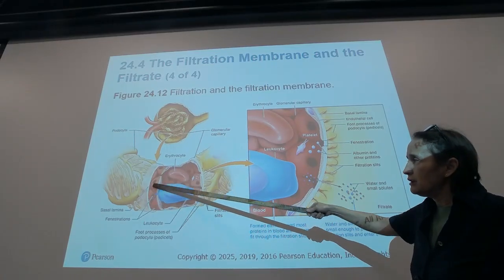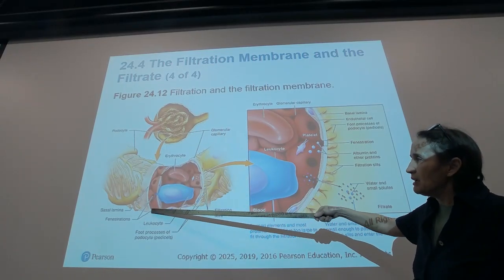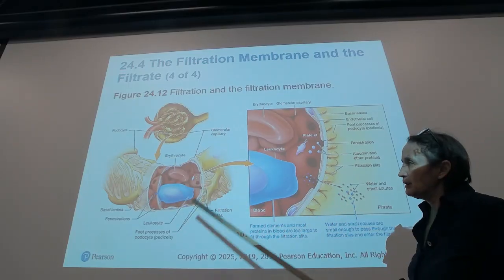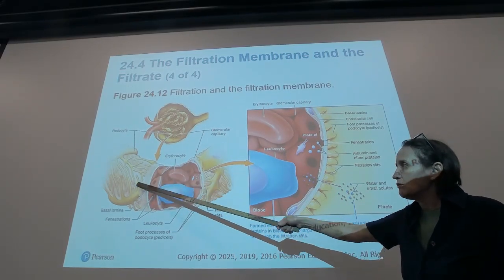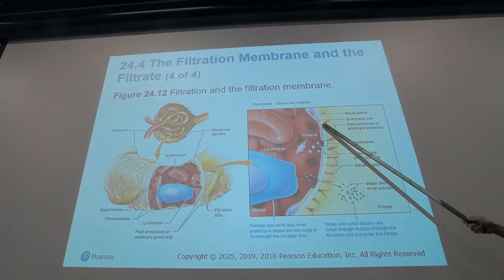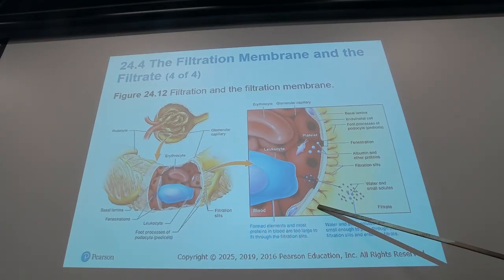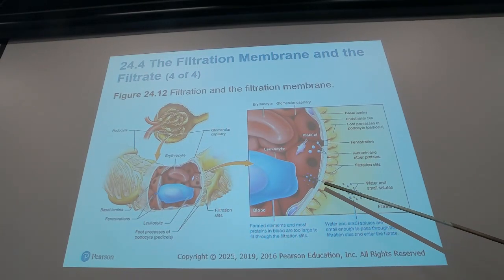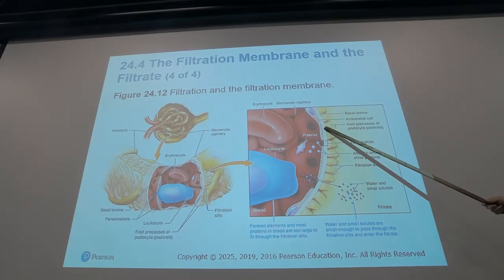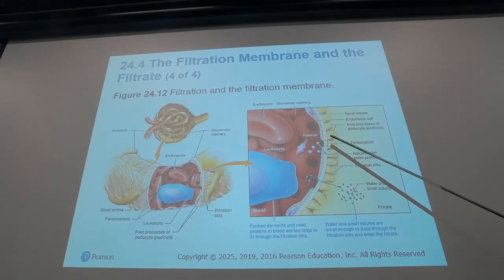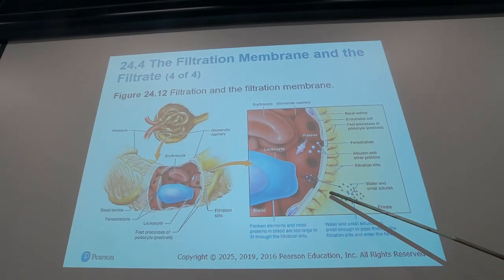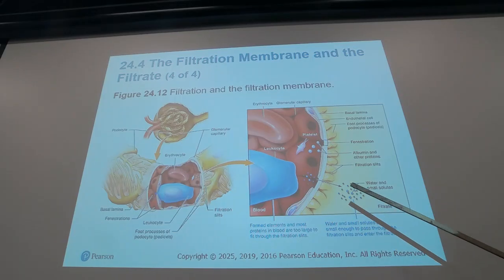And then we have a layer in between, which is the basal lamina with these proteins and collagen fibers, and then outside we have the podocytes. We have negative charges, which form an electrical barrier, and then we have these physical barriers: the fenestrae, and the gaps between the podocytes.